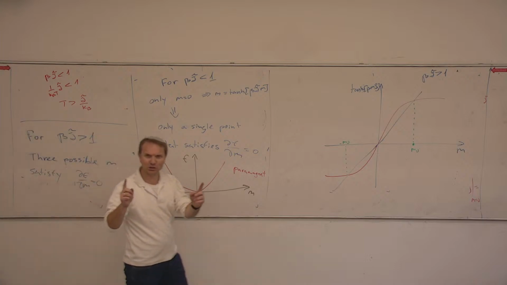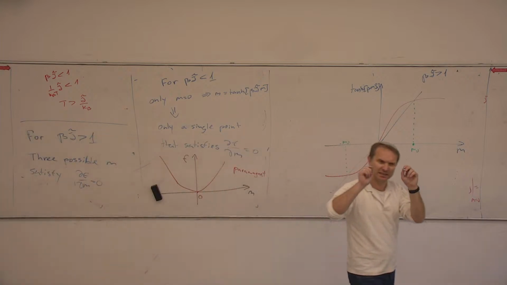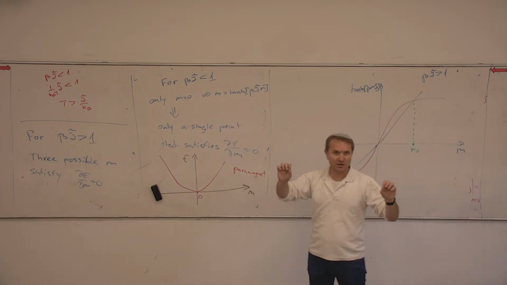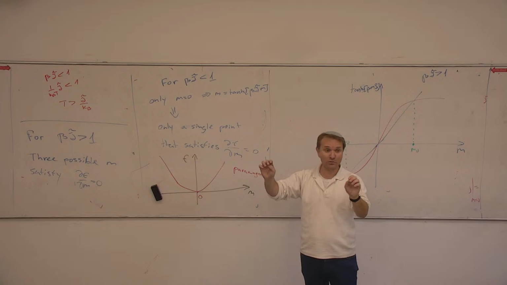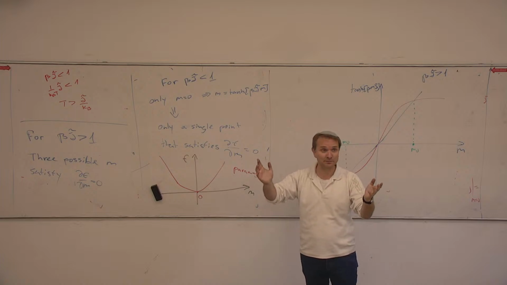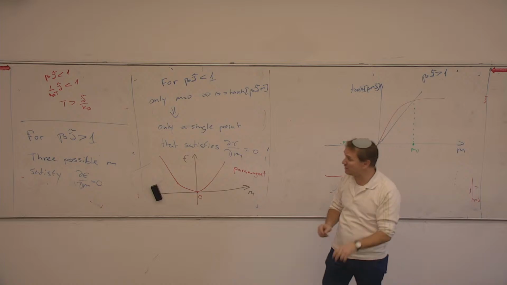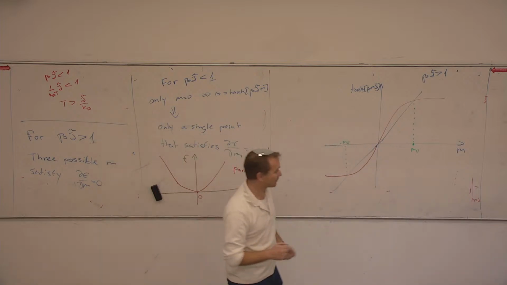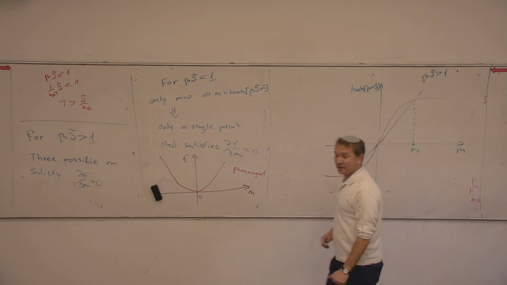Maybe those additional 2 points, great, they solve this equation, m equals hyperbolic tangent, right? But maybe those are not new minima, maybe they are maxima, right? So we need to explore this. What happens over there?